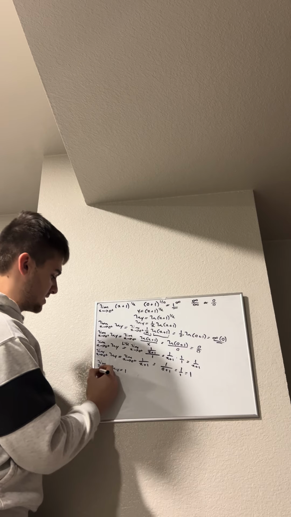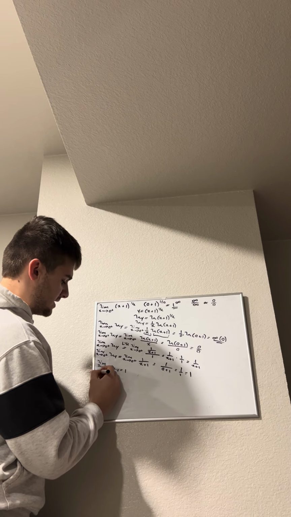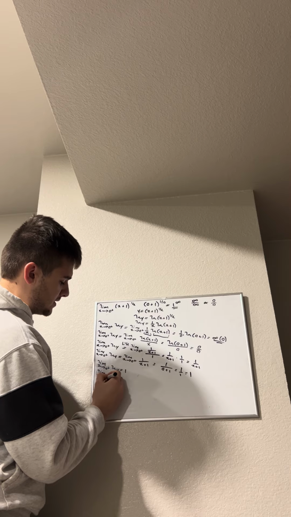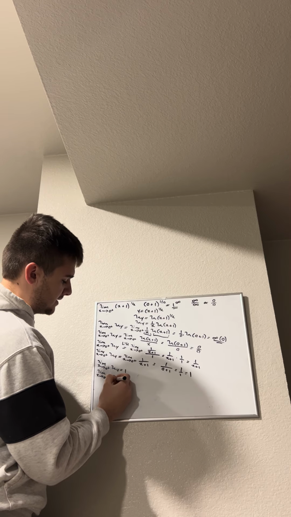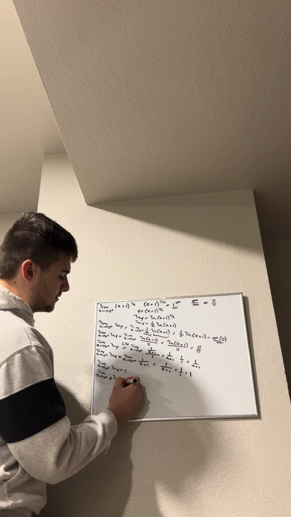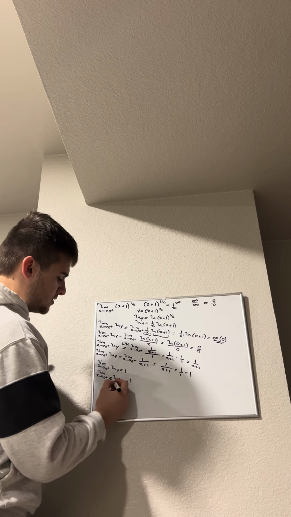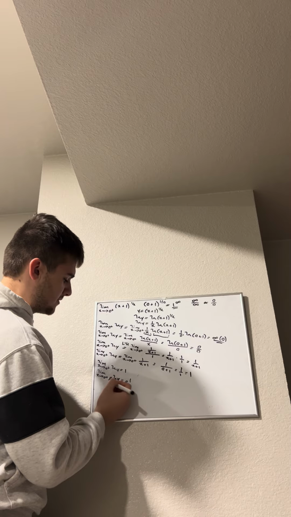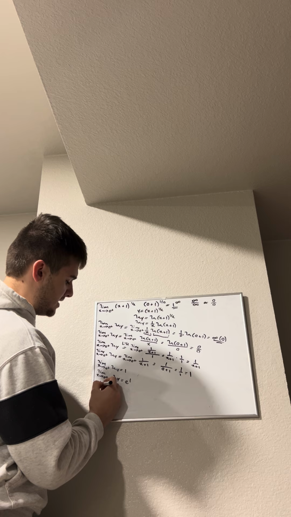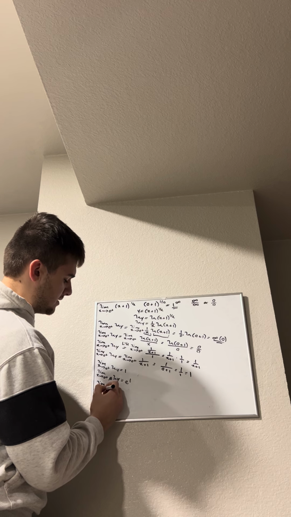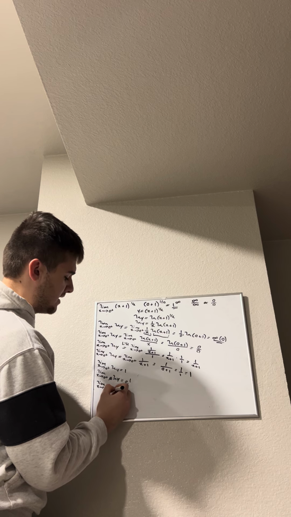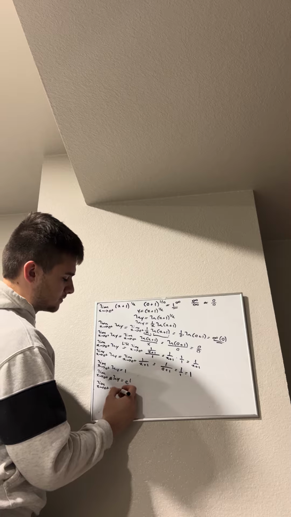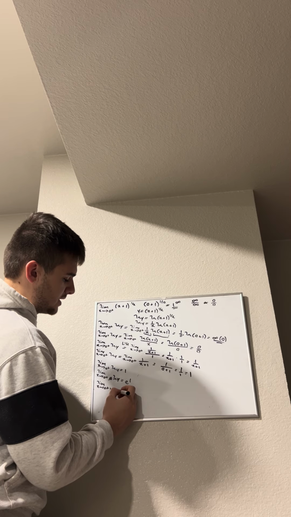We rewrite this as e to the power of ln of y equals e to the power of 1, and these two cancel, so you get the limit as x approaches 0 positive of y equals e to the power 1, which is just e.